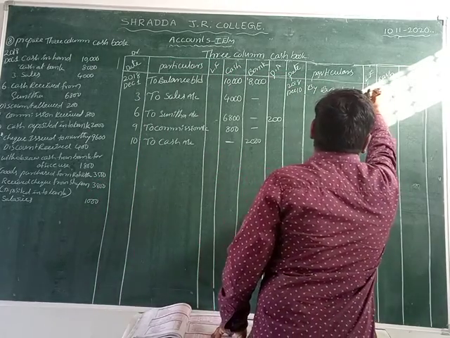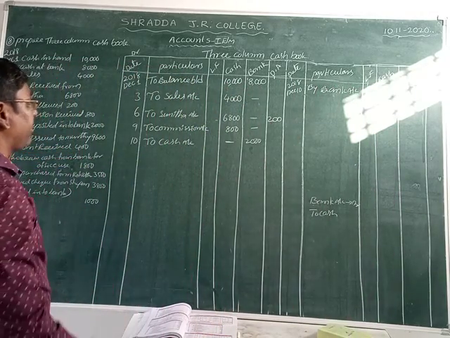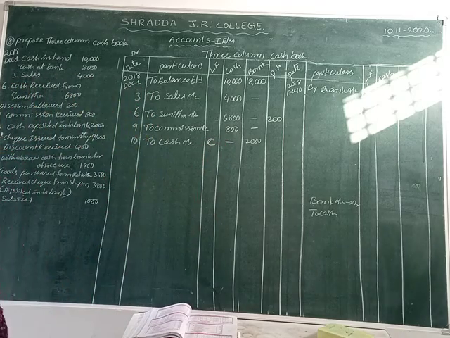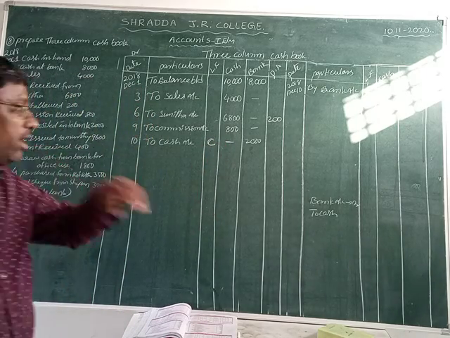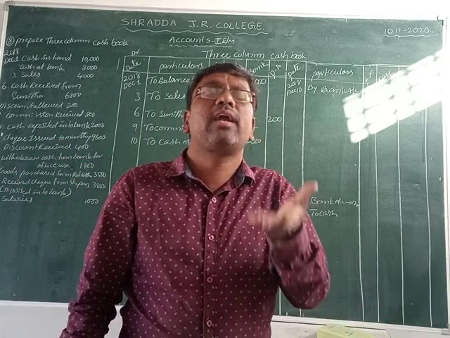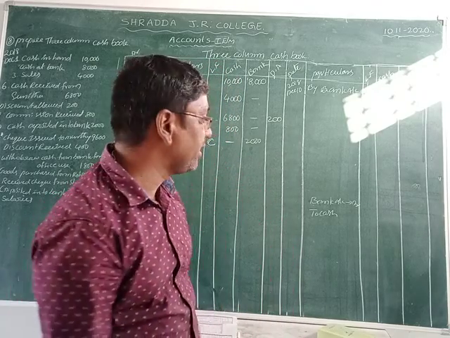It is a contra entry. That's why in the LF column we record C. C means what here? Contra entry. So whether we deposit into the bank or withdraw from the bank, both times it is a contra entry. Why?